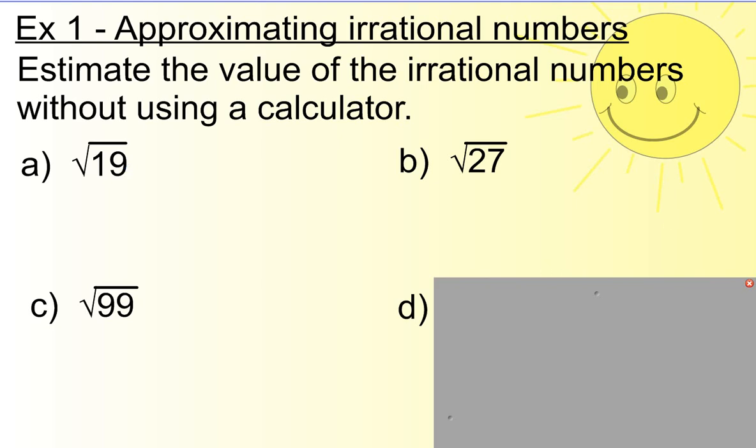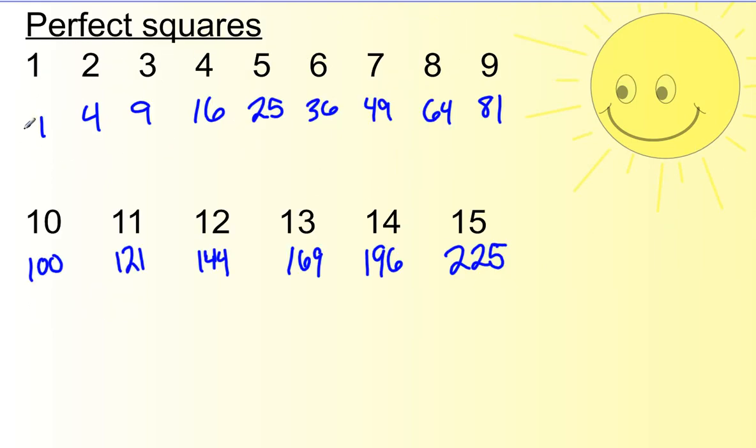So let's take a look. We're looking for the square root of 19. These numbers down here are the numbers that you would square to get the top number. For example, the square root of 81 equals 9, because 9 times 9 is 81. Well, the square root of 19 is someplace in between.